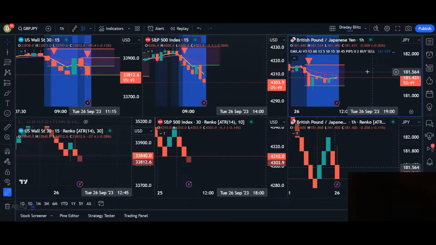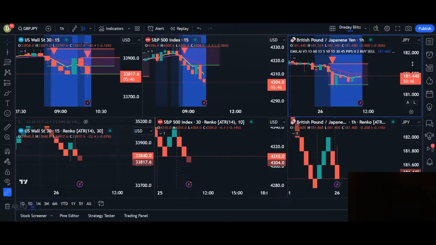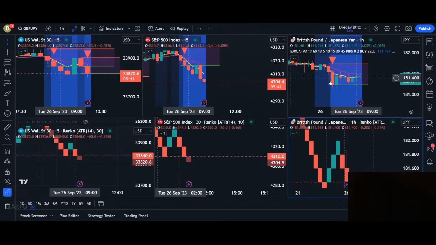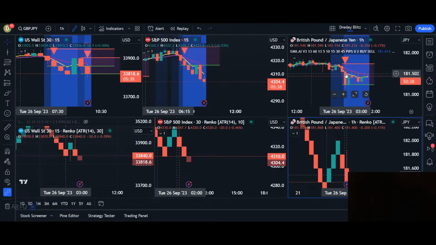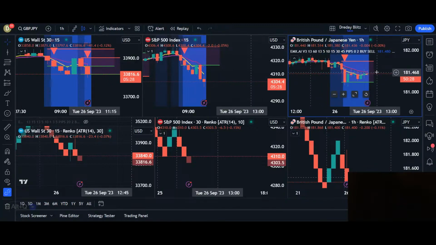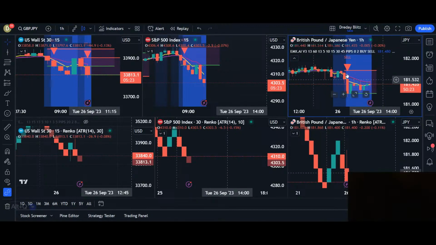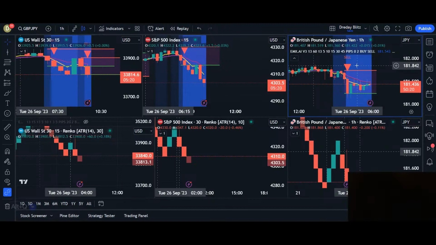All right, so based off of the 1 hour, let me check here. Okay, so based off of the 1 hour GJ for Leon, that was exactly how you would enter the trade.